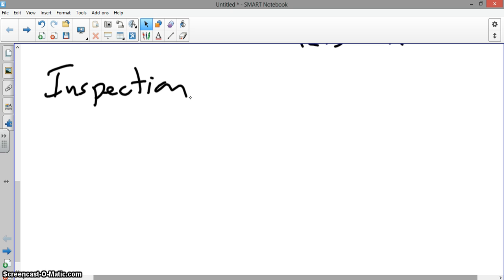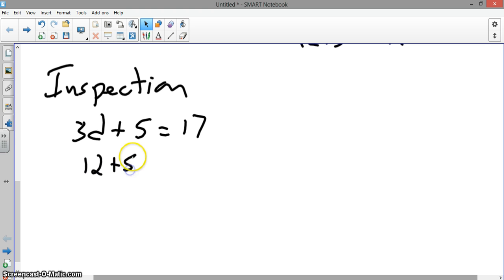So let's take a look here. We have 3d plus 5 equals 17. First we find a number which, when added to 5, gives 17. So we need to find a number that when added to 5 gives us 17. I think 12 plus 5, yeah, that definitely equals 17.